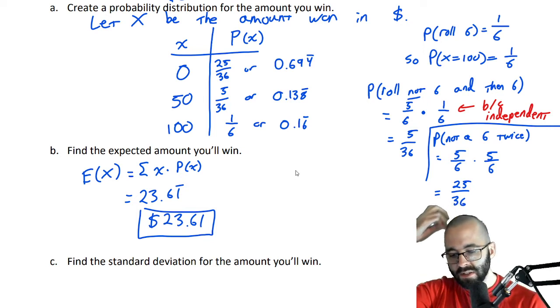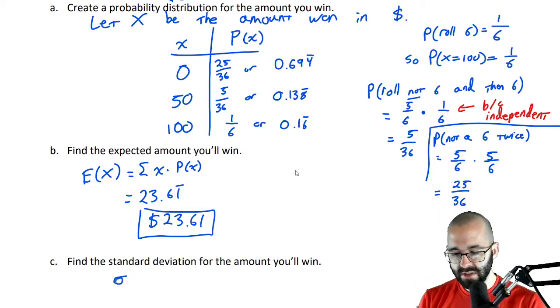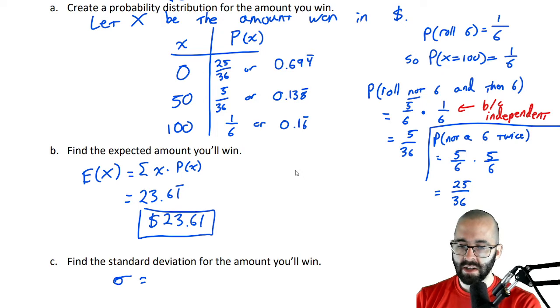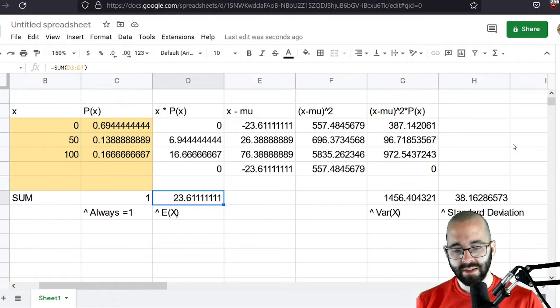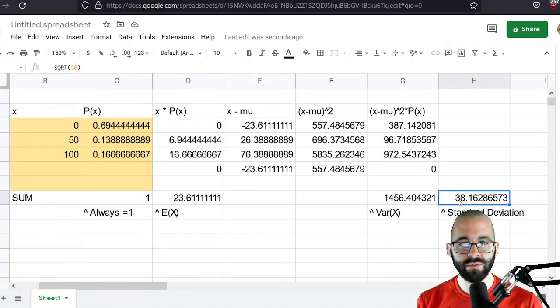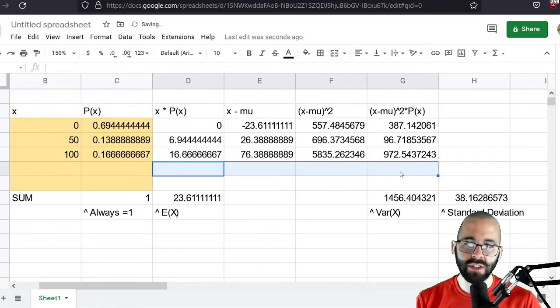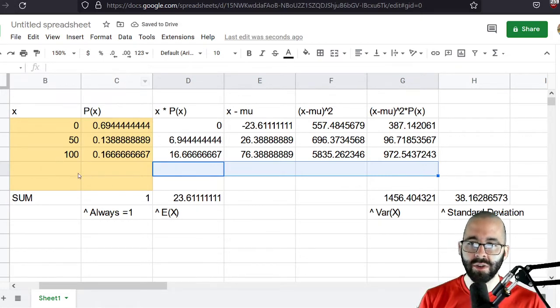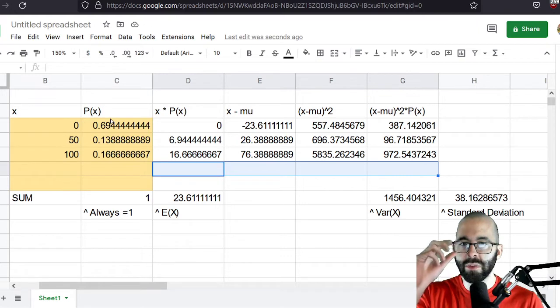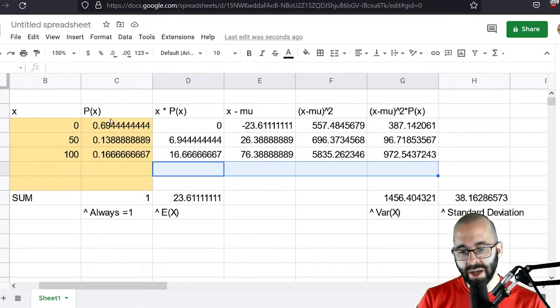Find the standard deviation. Standard deviation sigma is going to be, well, we already did it. Right there. You can double check that the calculations are still correct. You can delete this row. Doesn't actually change it in this case. It only matters over here, but you can delete the row to make it look nicer and be confident that you don't have anything bad.